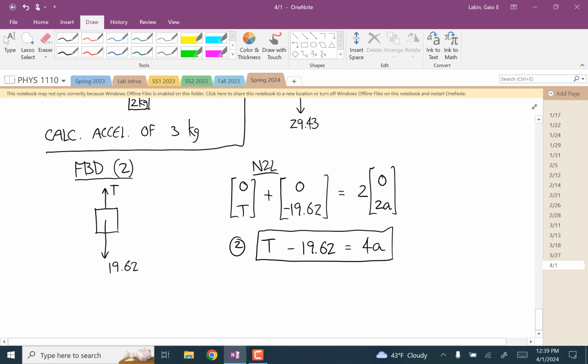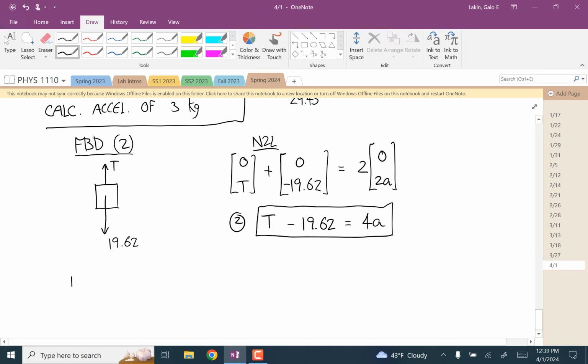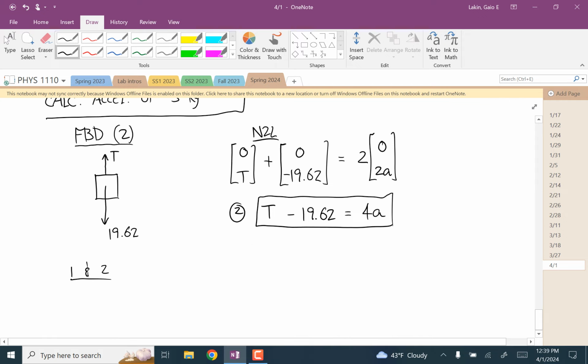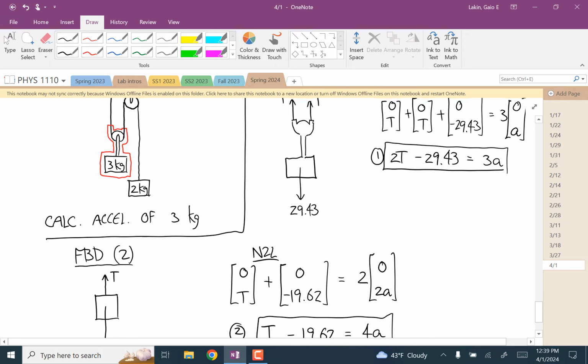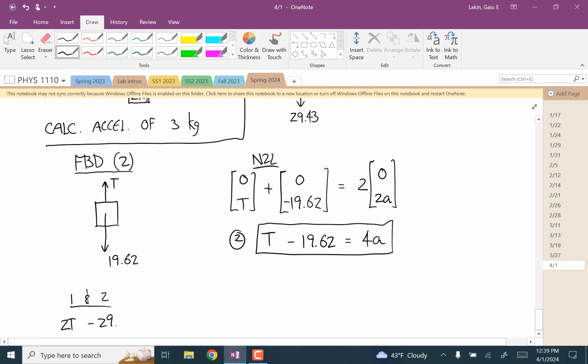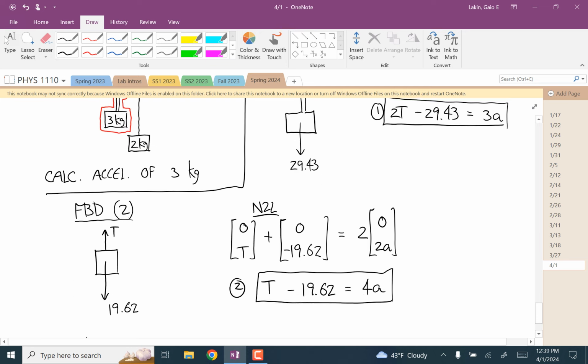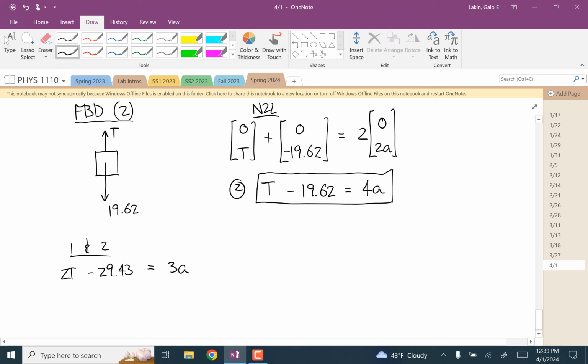Now we'll solve those two together. So one says 2T minus 29.43 is equal to 3a. The second one says T minus 19.62 is equal to 4a. I'm going to substitute the second one into the first one.